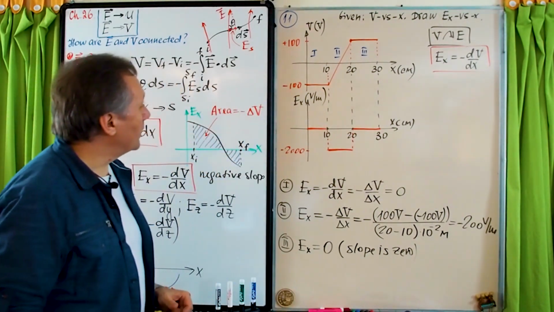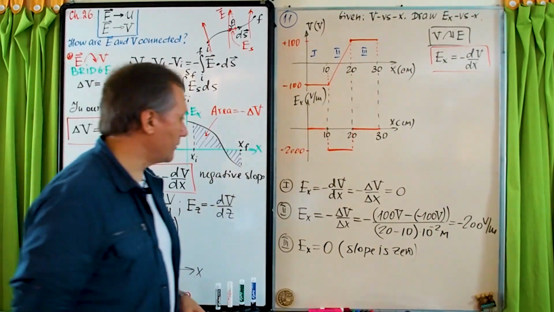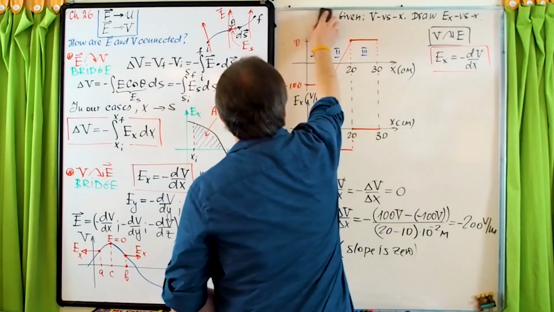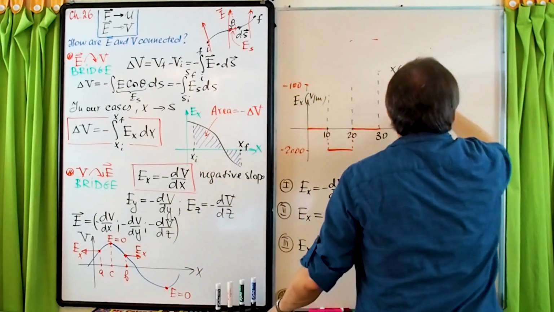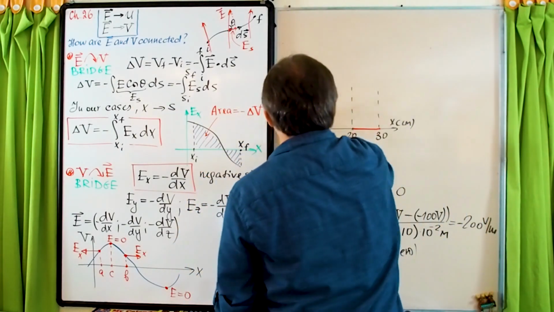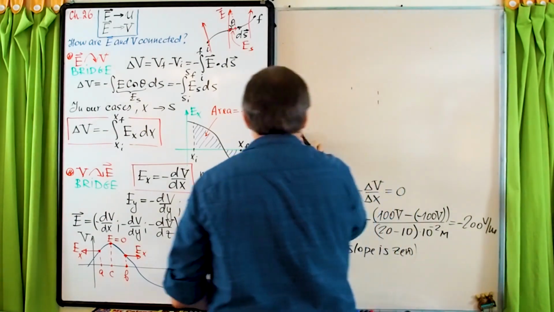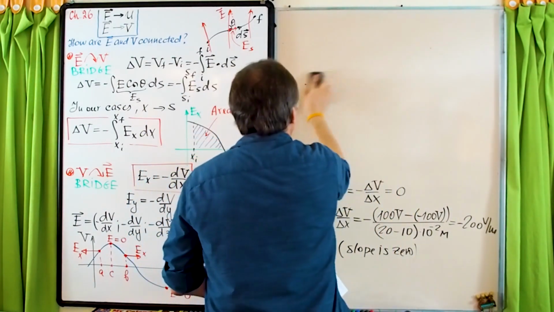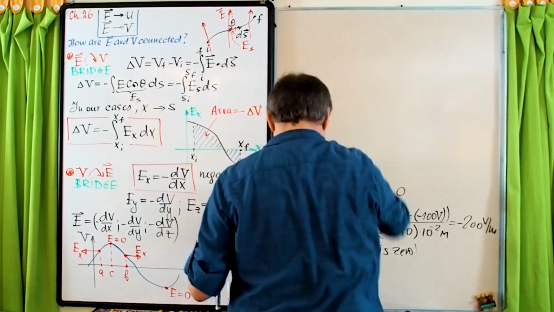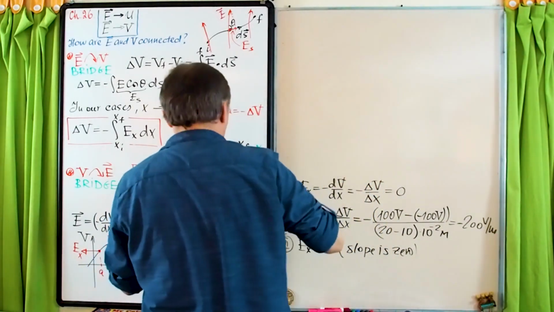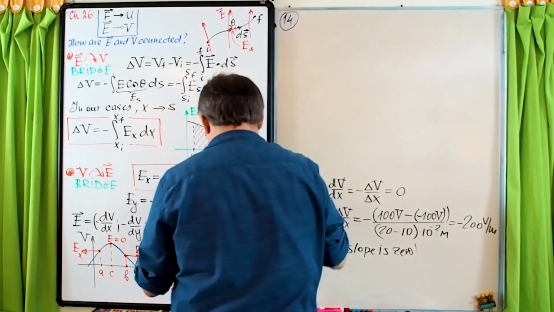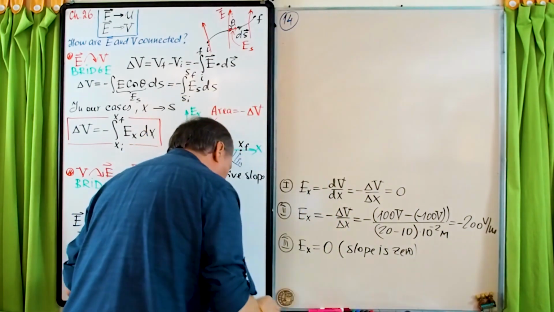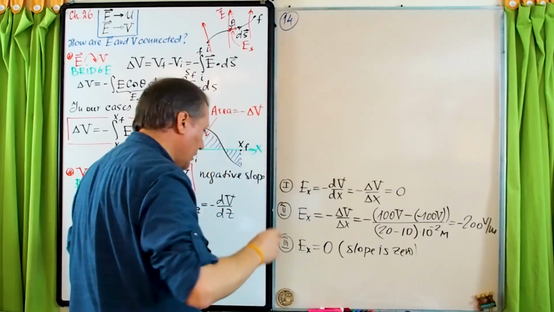So the next one, okay, I will start erasing at least the top. It's 14, and then there will be some conceptual question similar to what we had in the lecture. Right, so problem 14. We have a function, how v changes with x.